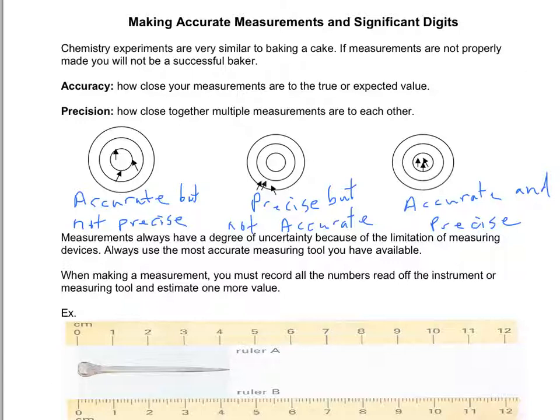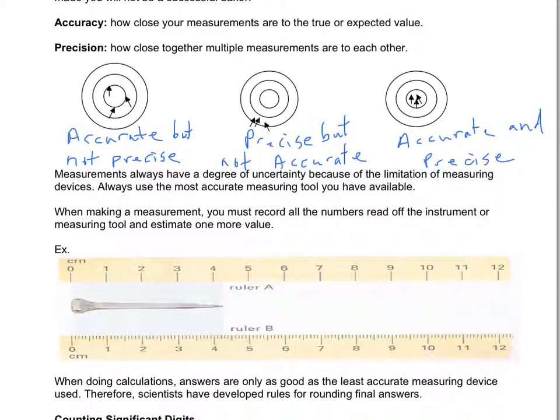For example, in the diagram below, we can measure the length of this nail with 2 different rulers. Ruler A would give us a less accurate answer because it has fewer gradations or ticks than ruler B. Because we have more gradations, we can write down more numbers in our measurement.